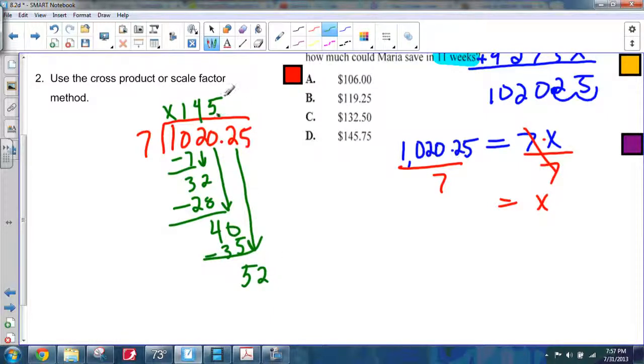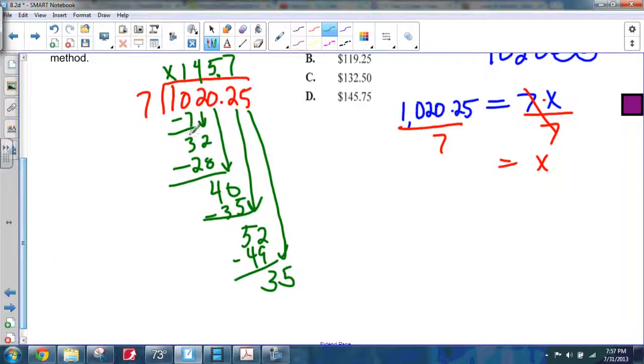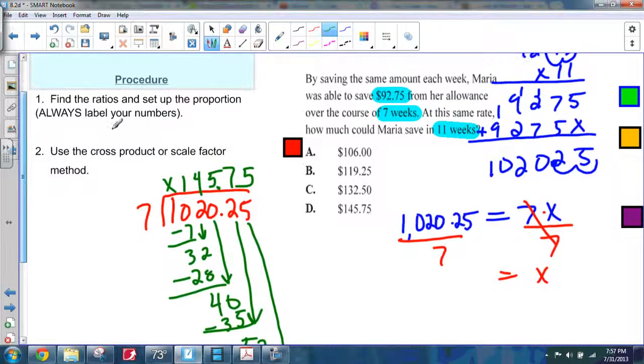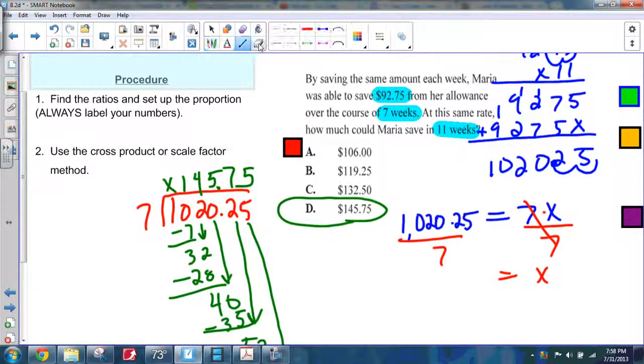Bring up the decimal. 7 times 7 is 49, minus that is 3, and drop down the 5. 7 goes into 35 5 times, with a remainder of 0. So our answer is D, $145.75. Let's look at another example problem.